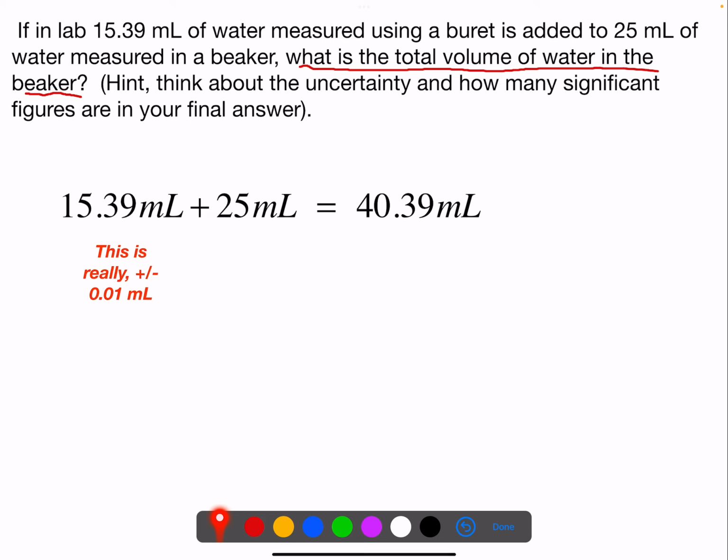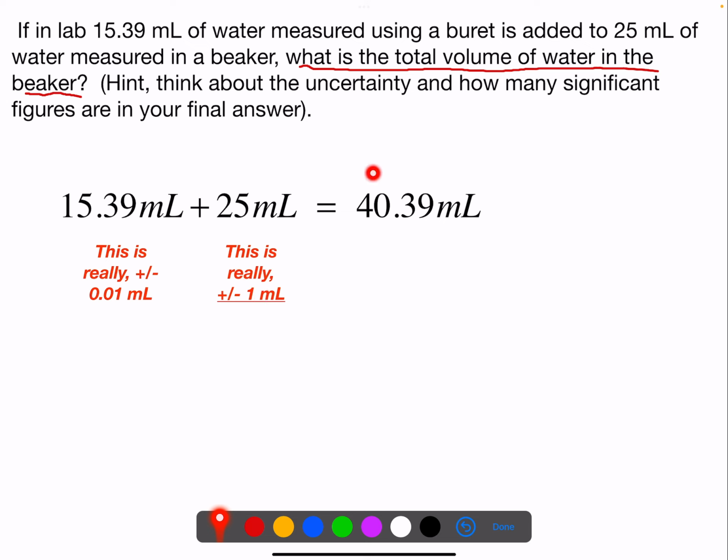So this might be 15.38, it might be 15.40, right? But that's the level of precision we know that measurement. The 25 mils, without a decimal point after it, is really saying we have 25 mils, but that could be 24 mils or it could be 26 mils. It's somewhere in between there. So this is plus or minus 1 mil.